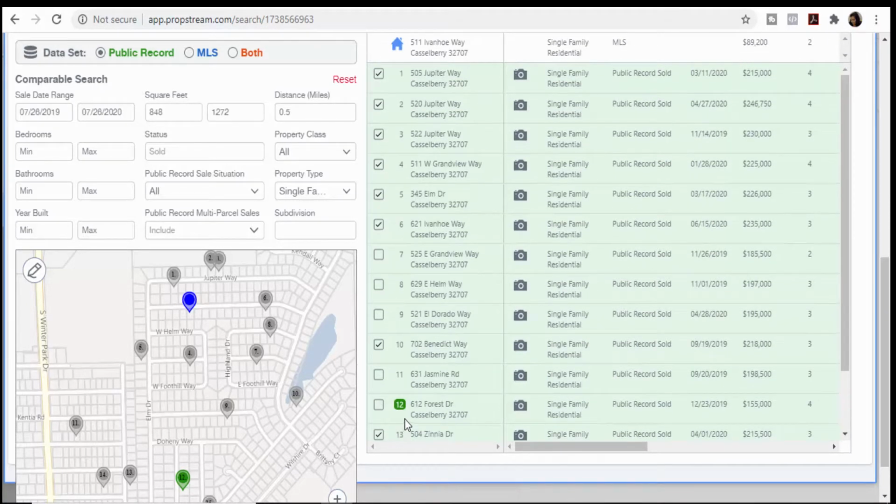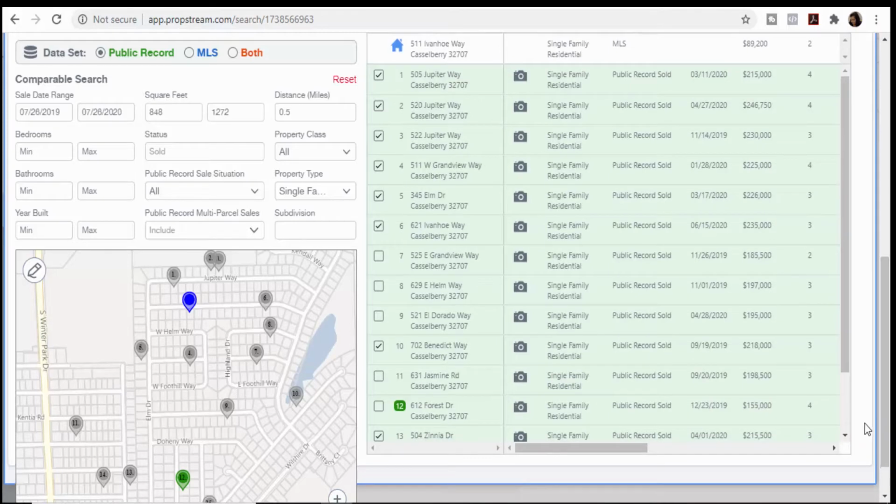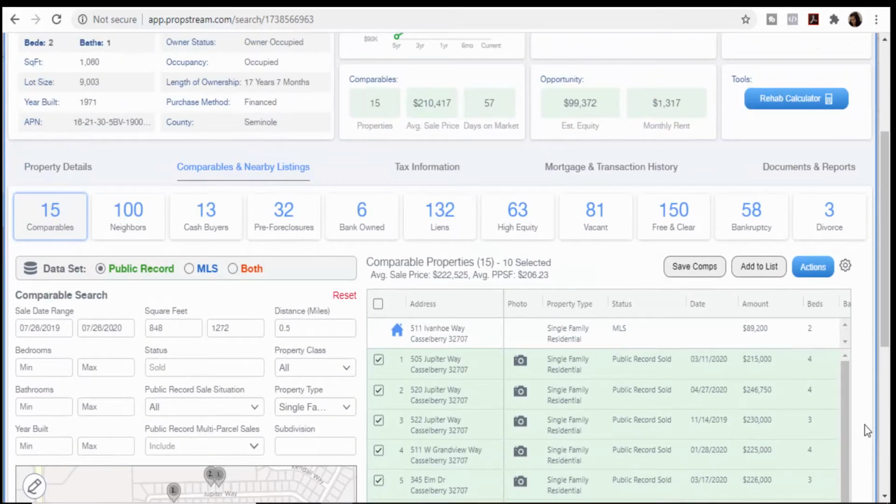Okay, so we dive into this a little bit deeper when we're doing our real research here, but as you can see, we're going to be ranging for an ARV of around 215 to 220, 215 to 225 actually.